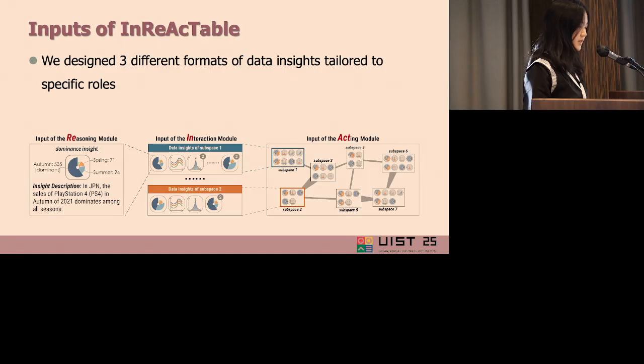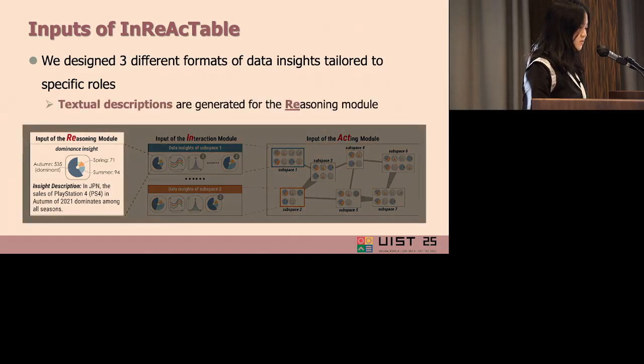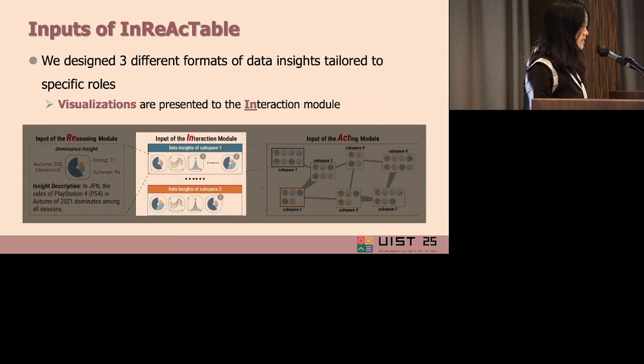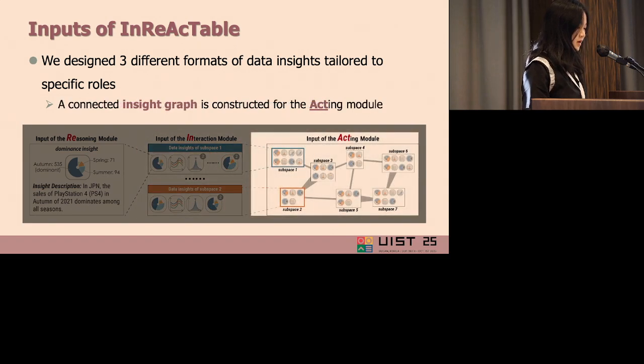Therefore, we designed three different formats of data insights tailored to specific roles. The textual descriptions are generated for the reasoning module. The visualizations are presented to the interaction module. And a connected insight graph is constructed for the acting module.